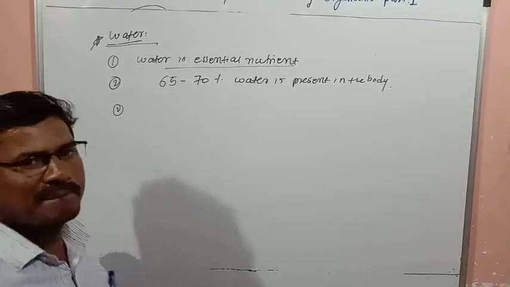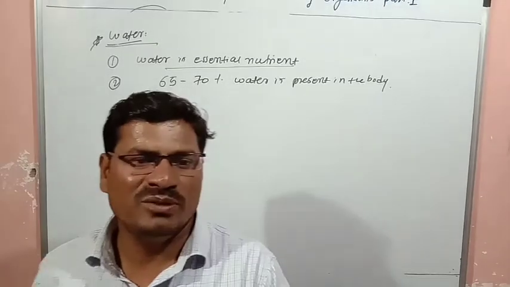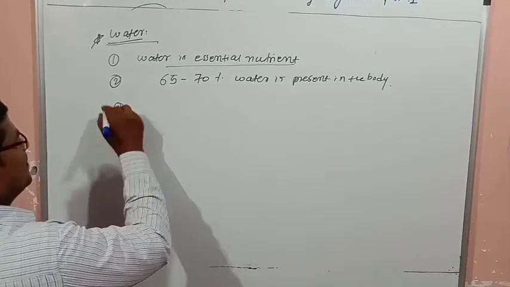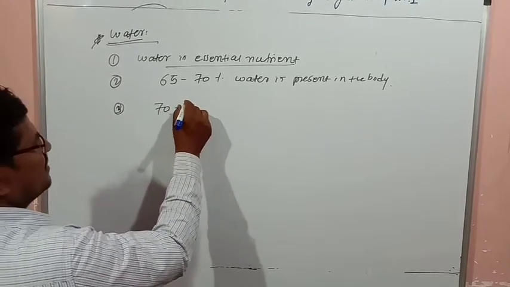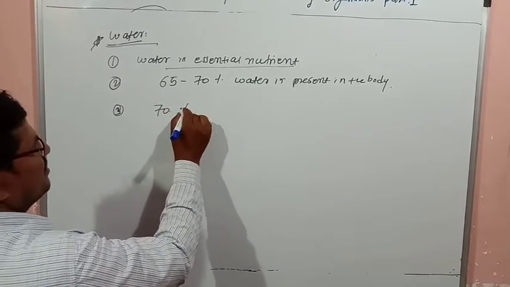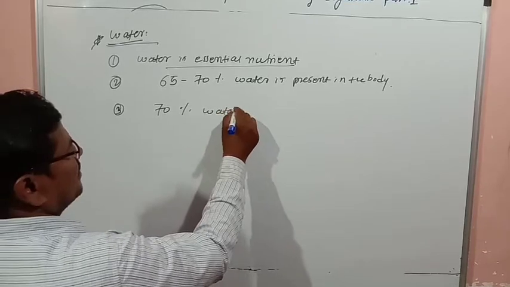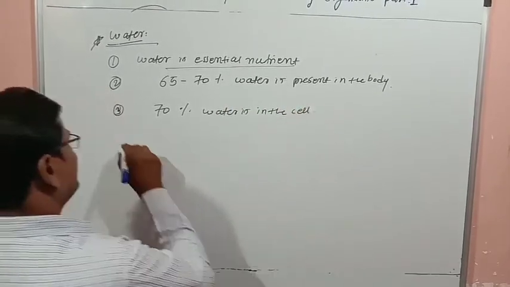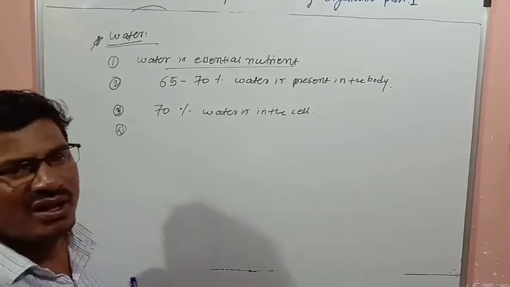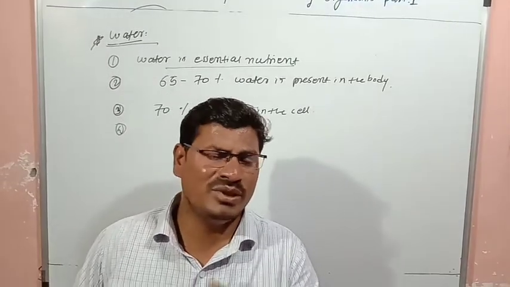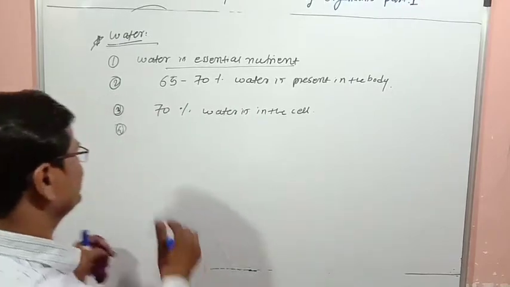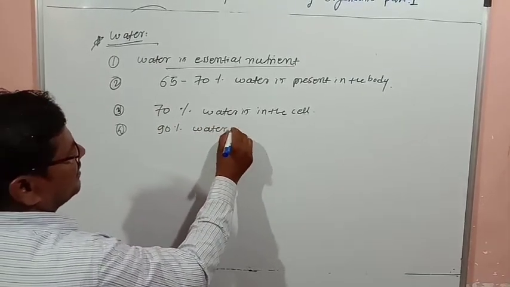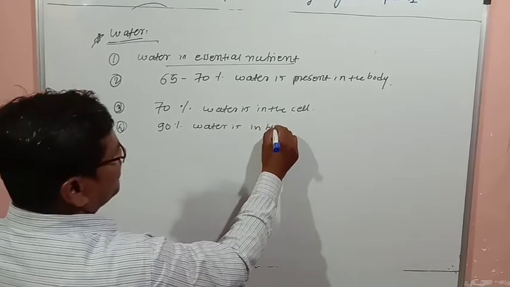Near about 70% water is there in the cell. Fourth thing, near about 90% water is there in the blood plasma. 90% water is in blood plasma.